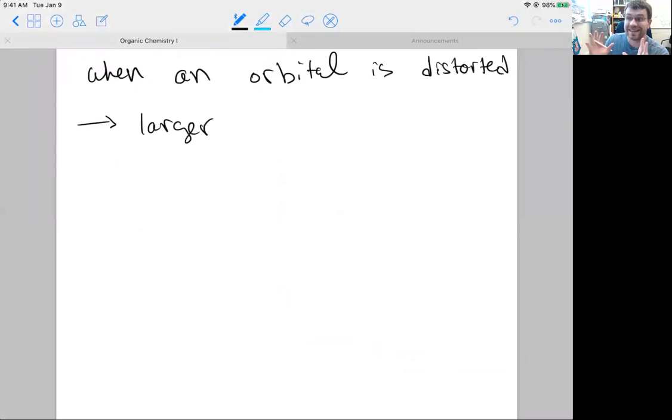In this class, we're going to focus on connections, covalent bonds between two atoms. And so we're, for the most part, only going to see this sort of thing happen when we have a distortion. That is, we're going to have a larger region, and we're going to have a smaller region. Portion is such a weird word. Let's change that to region. Sorry to make you erase.